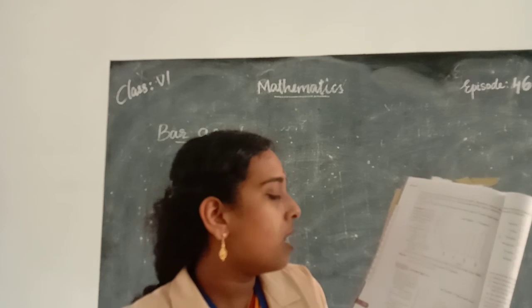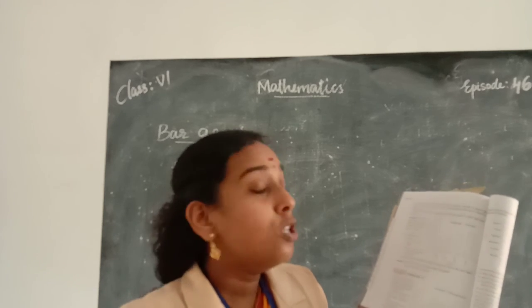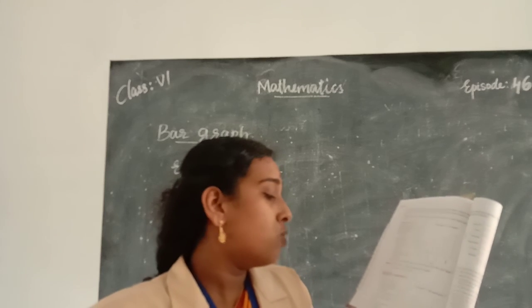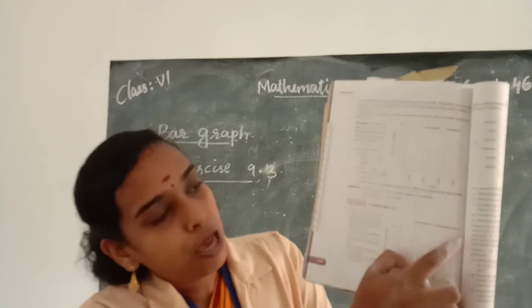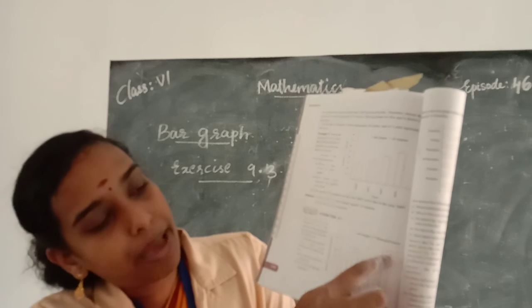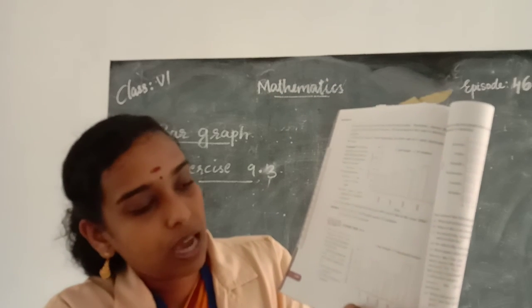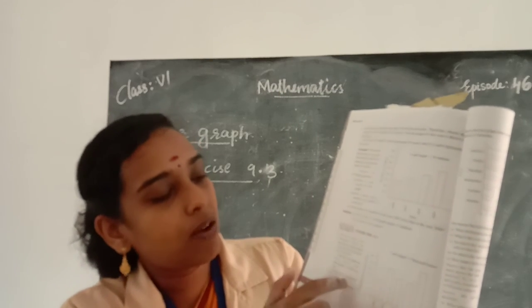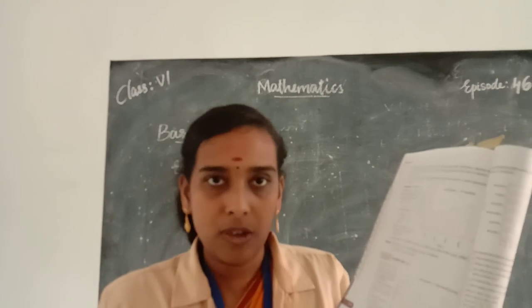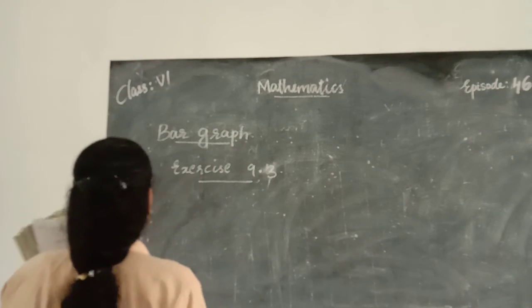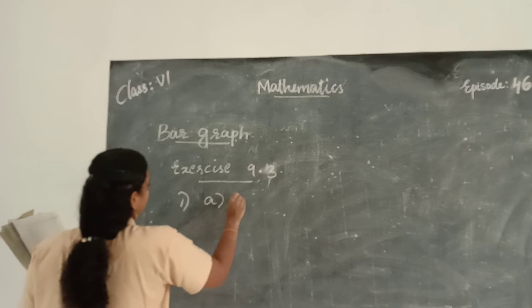So in which year is the wheat production maximum? 2002. Here you can see that this is the maximum. So in 2002 the government purchased the maximum amount of wheat. The answer of first question A is 2002.